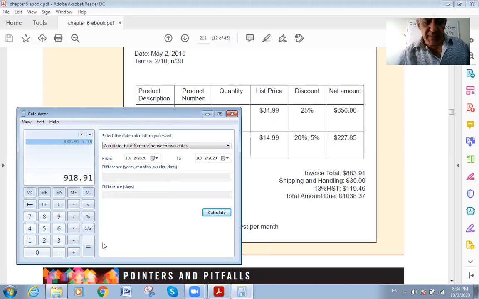Then I will multiply it by the taxes, the HST, 13%. I have to do it back.